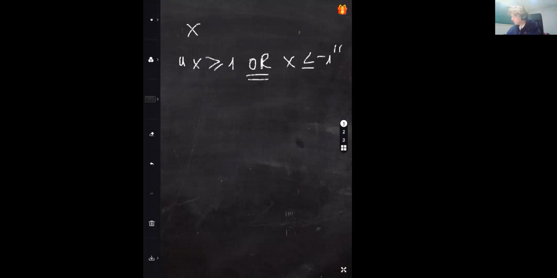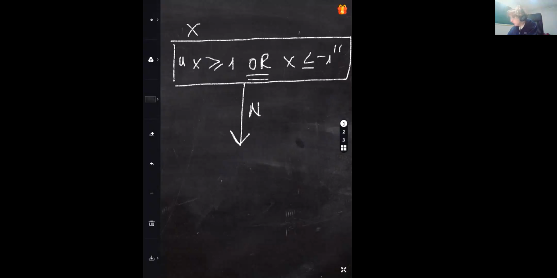We take this statement and we want to make a negation. So what is the negation of it? Someone? X is smaller than 1 and x is larger than -1.